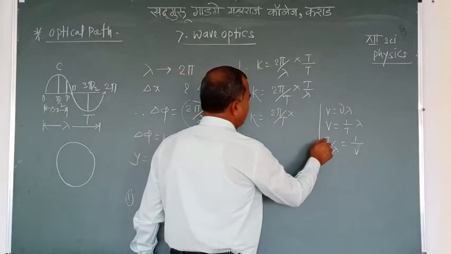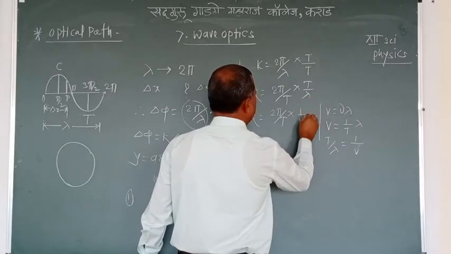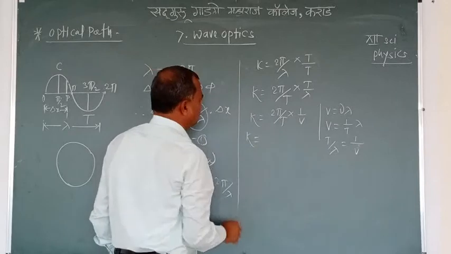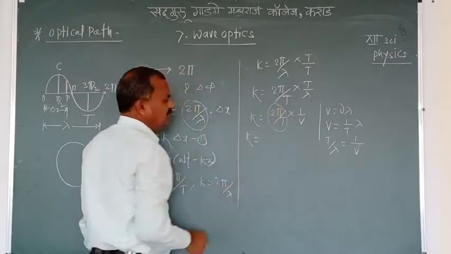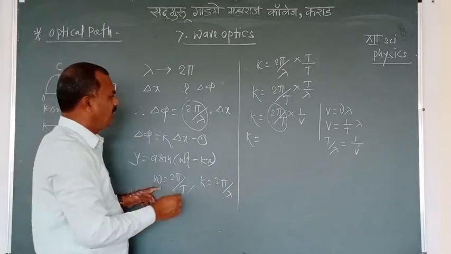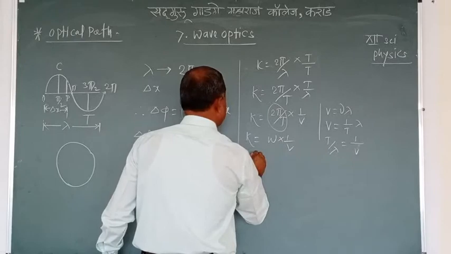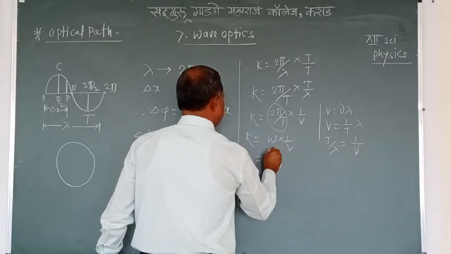Then substitute the value of T upon lambda equal to 1 upon v. Therefore, k equals 2π upon T into 1 upon v, which is omega into 1 upon v, meaning k is equal to omega divided by v.